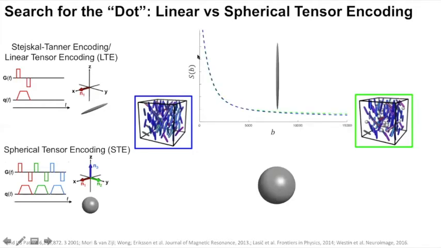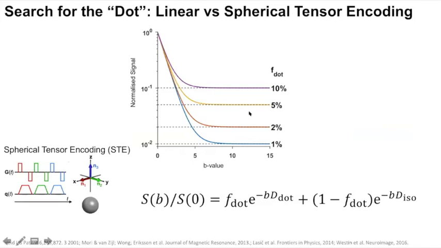I can come up with a scenario where you have only dispersed sticks, here in blue, and dispersed sticks and dots, here in green. With linear tensor encoding, at high B values they give almost the same signal. But with isotropic encoding, at high B values, you can start to disentangle these two scenarios from each other.